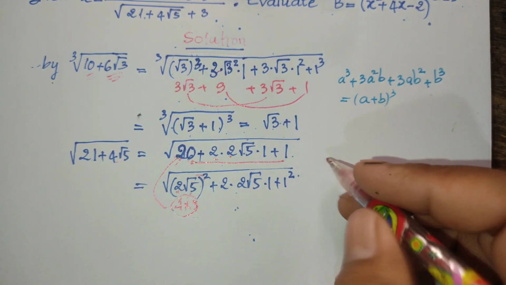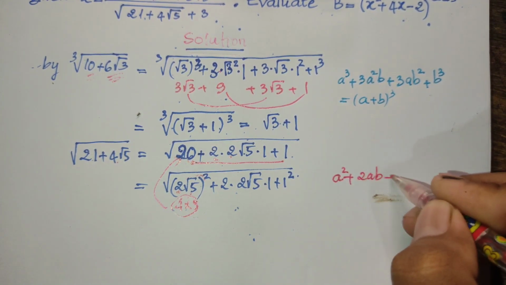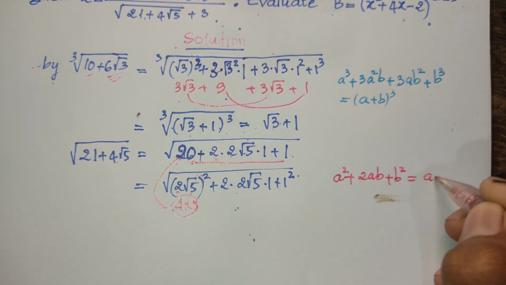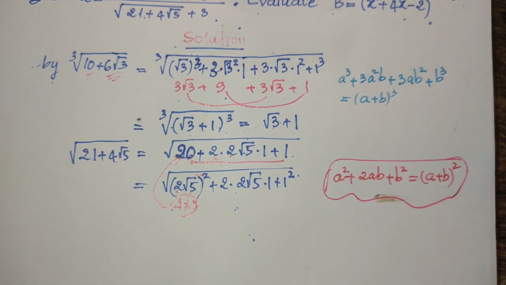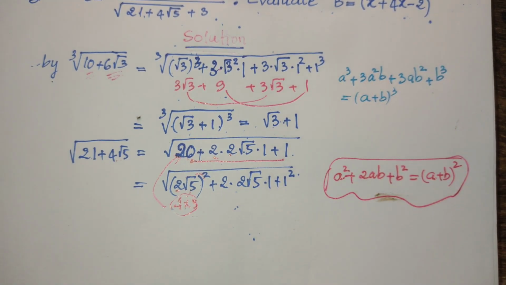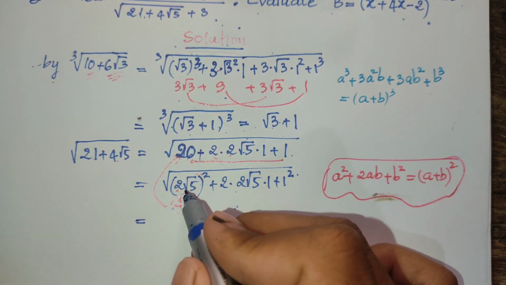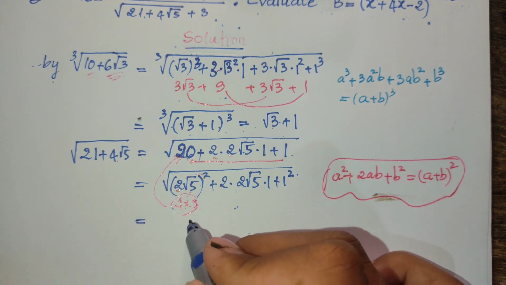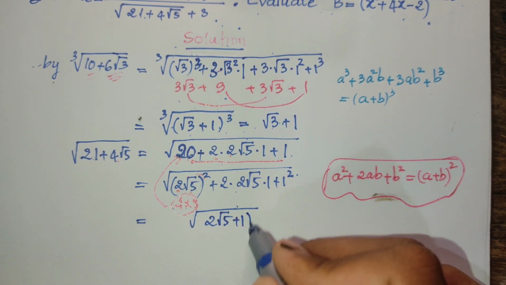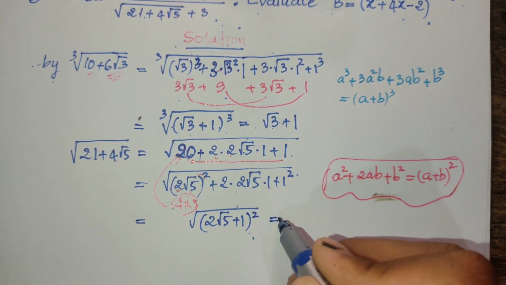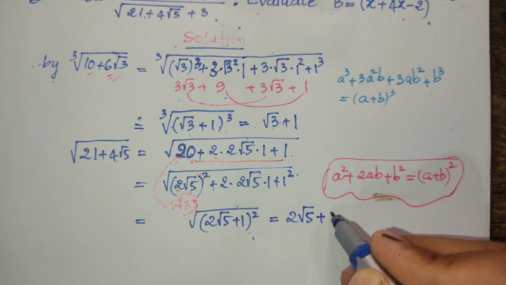Now we use the rule that a squared plus 2ab plus b squared is equal to (a plus b) all squared. Okay, now we use this rule. So now I get the value of this expression, and it equals the square root of (2 square root 5 plus 1) all squared, and it equals square root 5 plus 1.